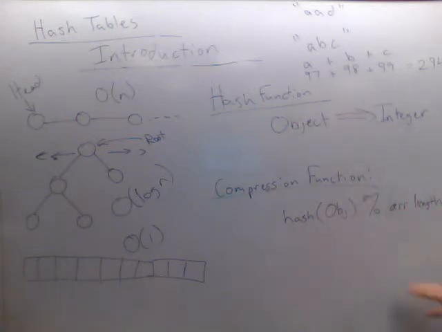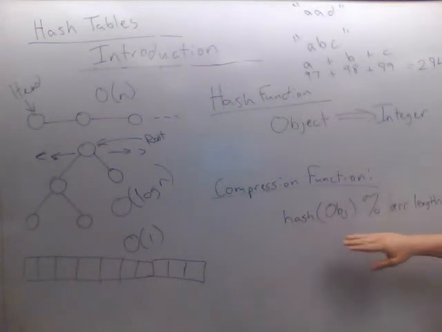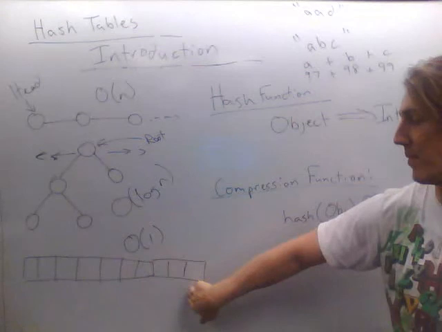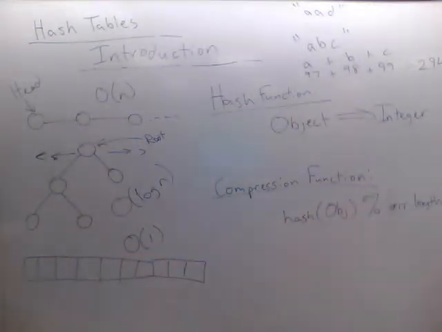So this is going to guarantee that any integer that gets returned is going to map to a specific index inside my hash table.